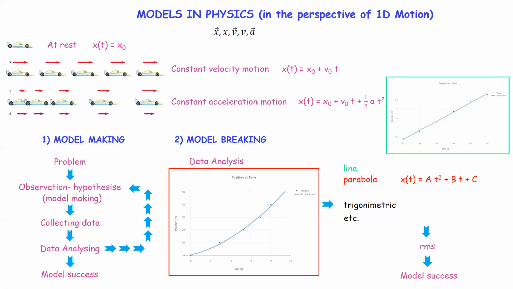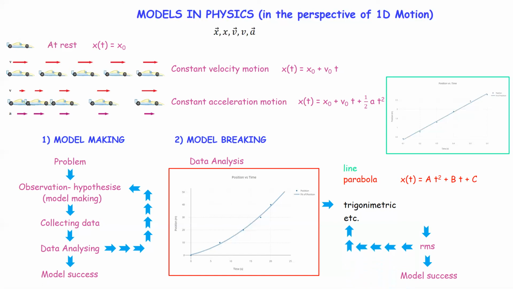But if they are not comparable to each other, if this RMS error is larger than the measurement errors, then this cannot be a successful model. You will see that if the motion continues, this model will not predict the real motion successfully. It will diverge.